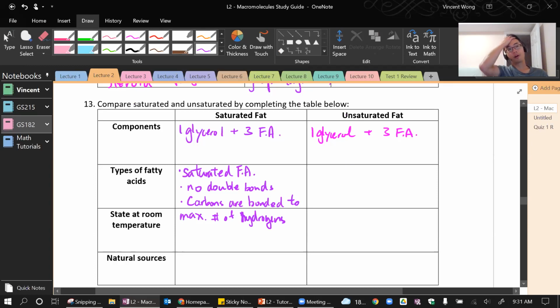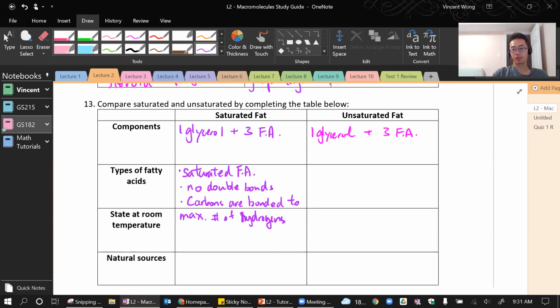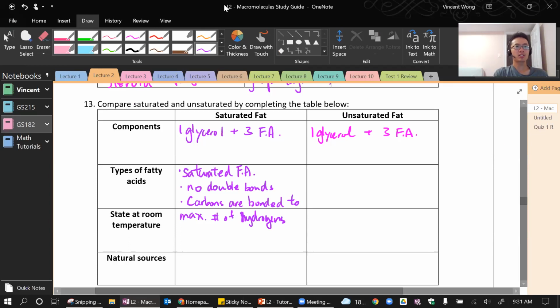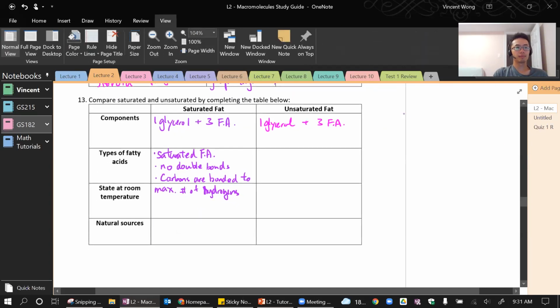I don't know how far you guys are in chemistry, but carbon can only have four bonds. Did you guys learn that yet in chemistry? Just say yes or no. Yeah, okay.